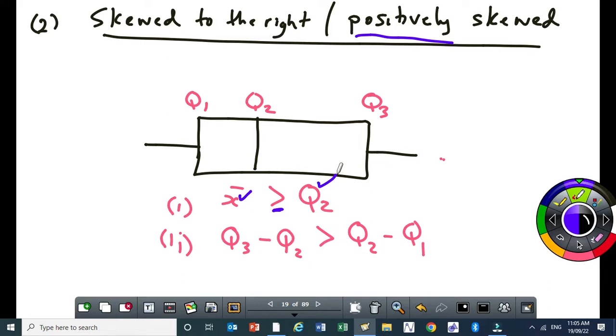If it's greater than the median, then the data is positively skewed or skewed to the right. Also, in your box and whisker diagram, if the distance between Q2 and Q1 is shorter than Q3 and Q2, you can also conclude that the data is skewed to the right or positively skewed. But the basic criteria is that of the mean and the median.